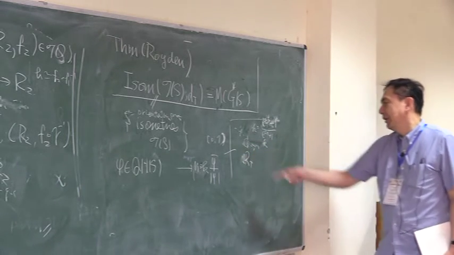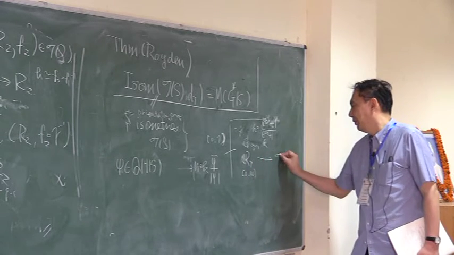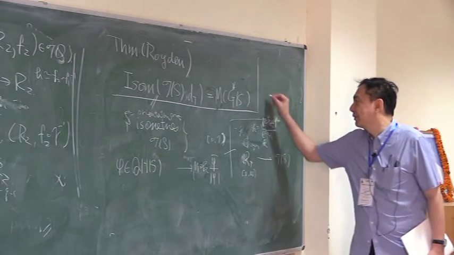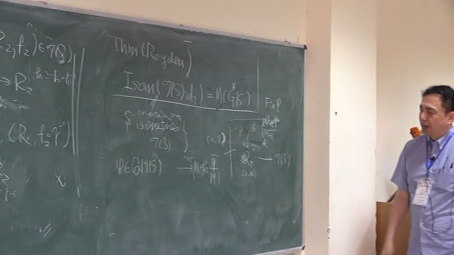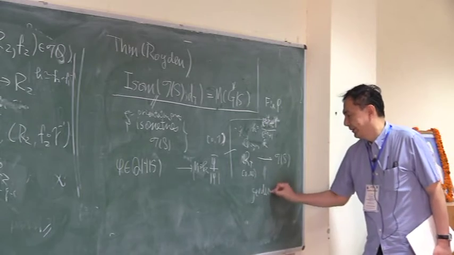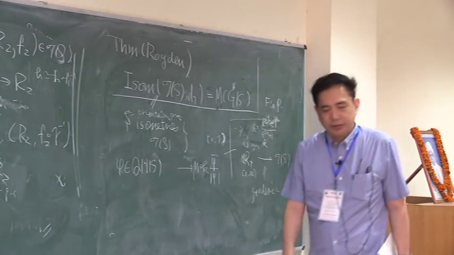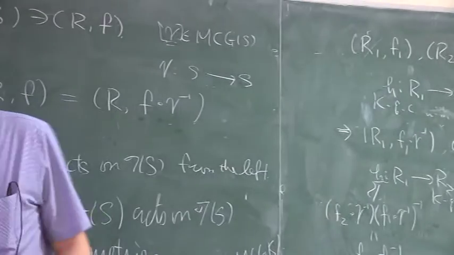By this parameterization you get a map from the interval (0, infinity) to the Teichmüller space; fix phi. Then actually this is a geodesic.